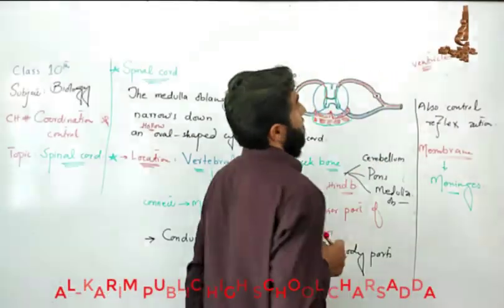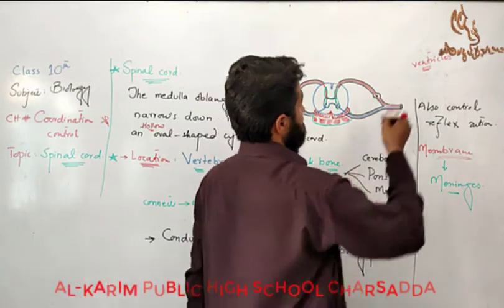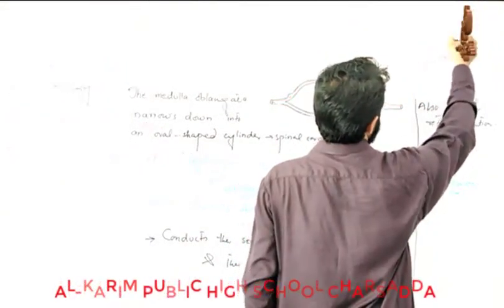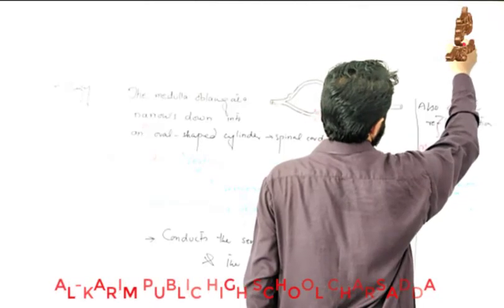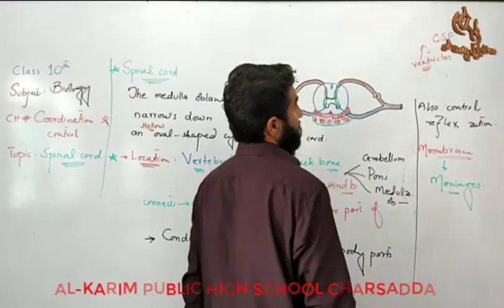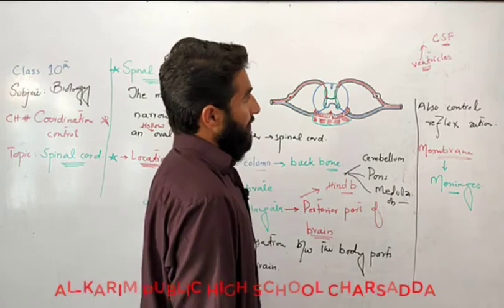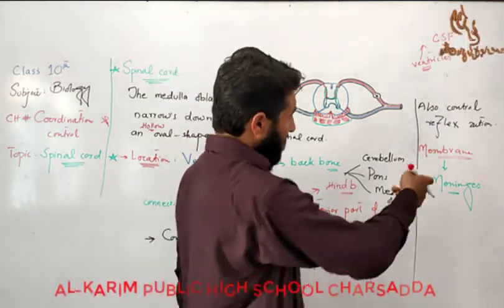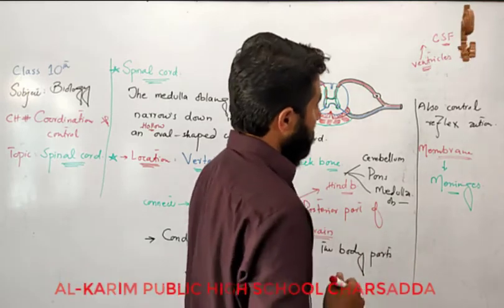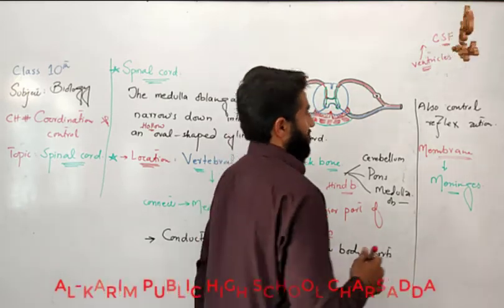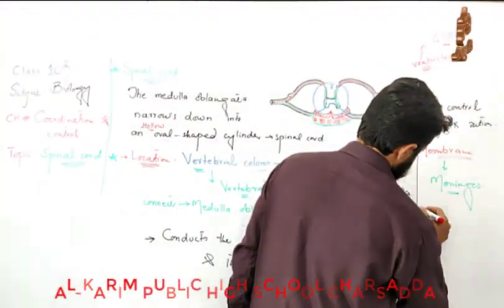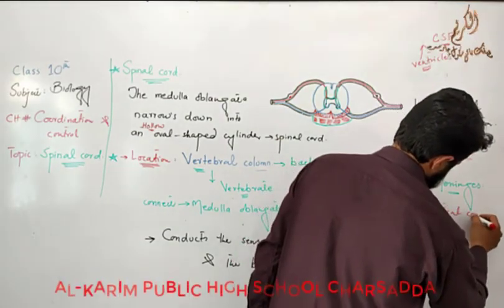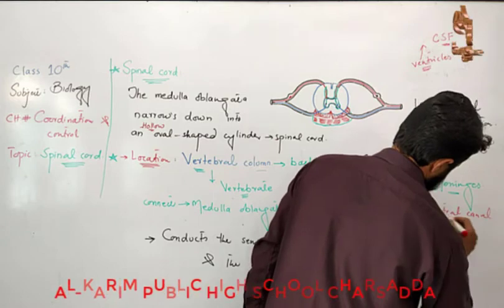The ventricle of the brain is filled with the cerebrospinal fluid, CSF. The function of the cerebrospinal fluid is to protect the brain from mechanical and physical stresses. While inside the spinal cord, a central canal is present.